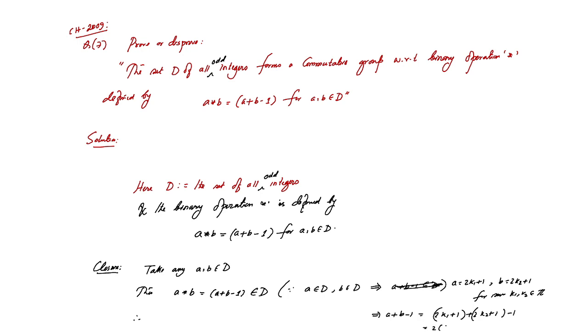That means it will be 2 into (k1 plus k2) plus 1. This is an odd integer, so obviously A star B belongs to D for all A, B belonging to D, because A, B were arbitrary. So that means the closure property holds.